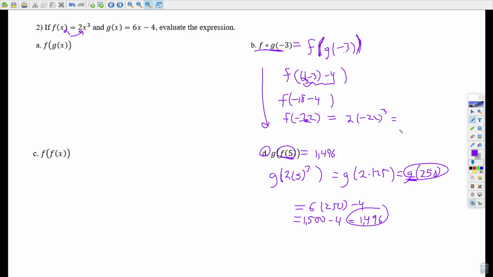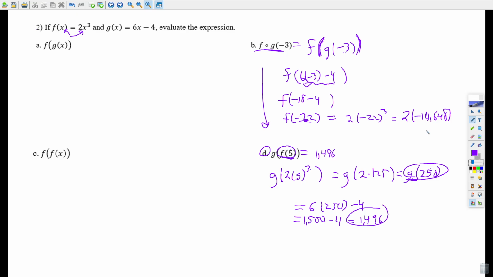Although that seems like a really big number, and it will be. So negative 22 to the third, I got negative 10,648.